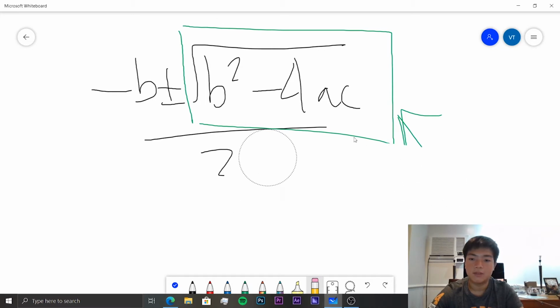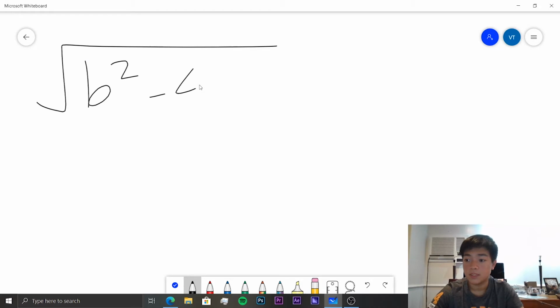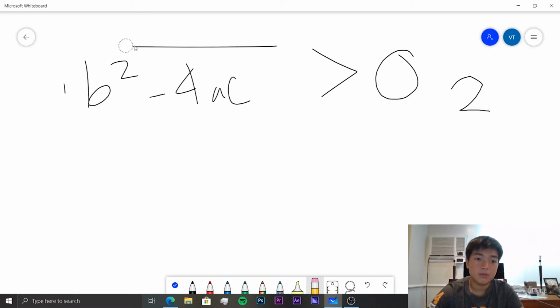So why does it tell us this? Well, it tells us how many real roots there are. We have three cases. If b squared minus 4ac is greater than 0, then the square root of it will have two possible values, so there will be two real roots.